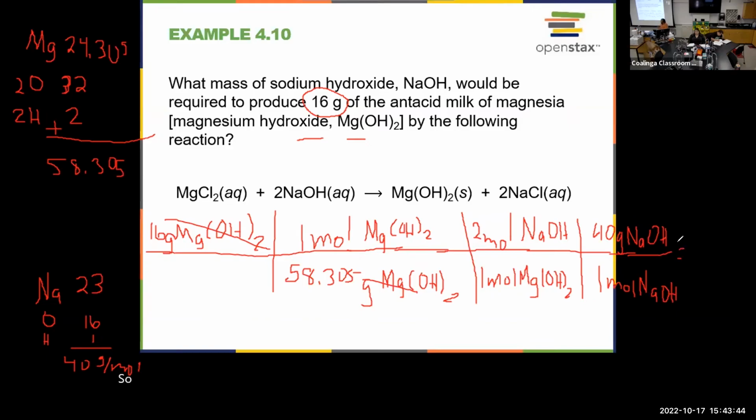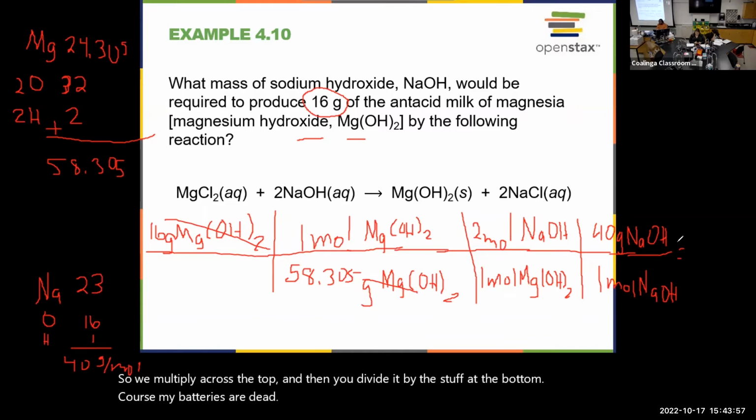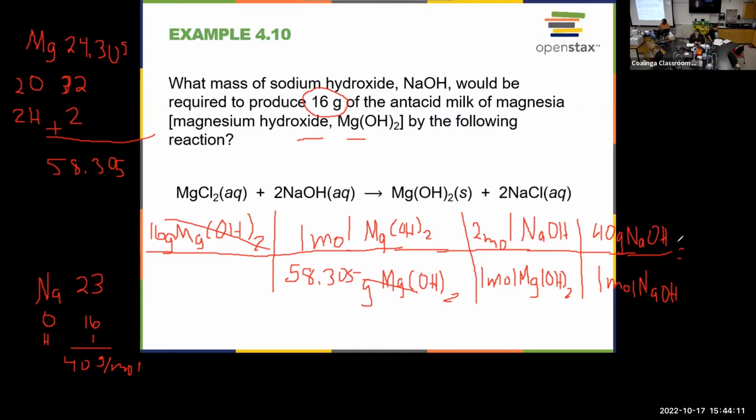Okay, so we multiply across the top and then divide by the stuff at the bottom. And was that 22 grams?